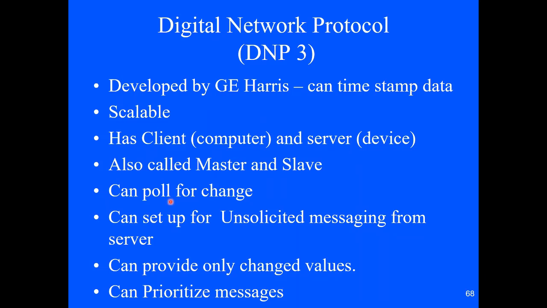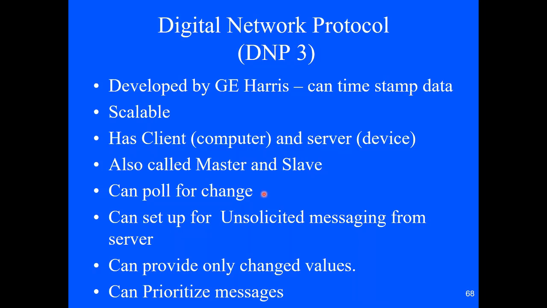Next is DNP. This was developed by GE Harris. This is the protocol that most utilities use. Here we have a client and a server. Remember I said earlier, they do it backwards. They call the client the computer, which to me is asking for the request, and the server is the device. They also sometimes call it master slave.